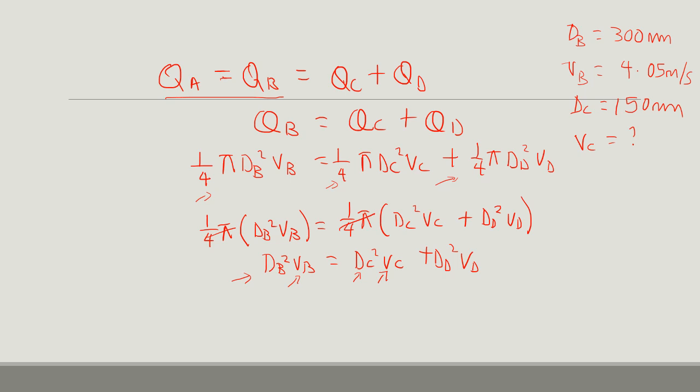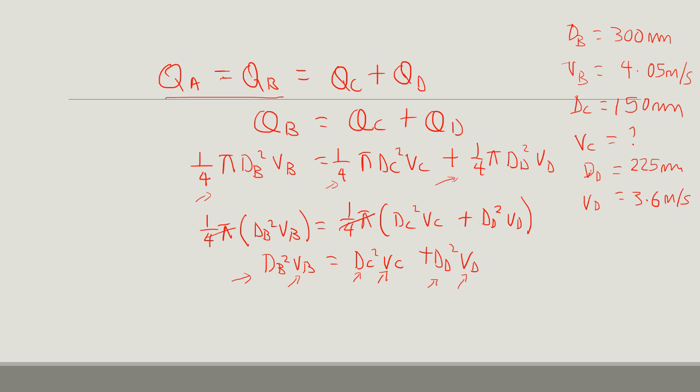Do we know DD? Fortunately, it is given in the question. DD is 225 millimeters. Do we know the last one, VD? Is it given in the question? Let us see. Yes, it is. VD, velocity at D, is 3.6 meters per second.